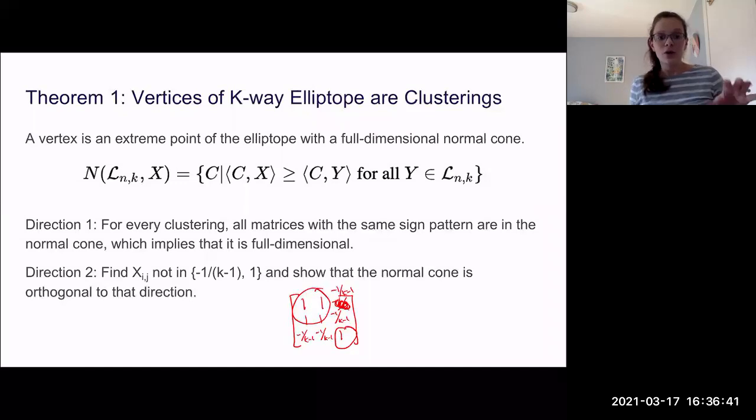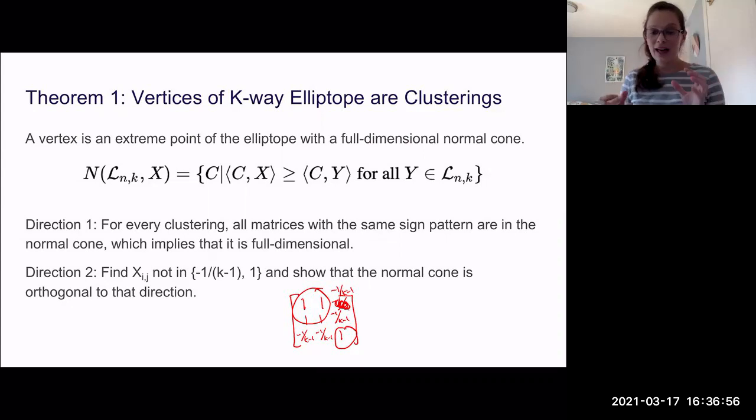So the way to understand why this is the case is that if you're at one of these clustered matrices, then any matrix that has the same sign pattern is actually the best solution for that M matrix.